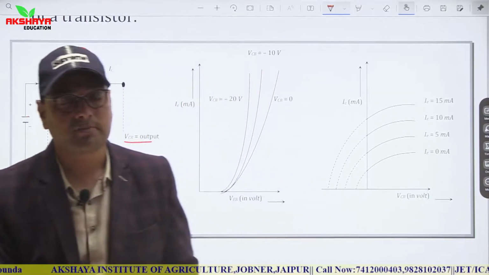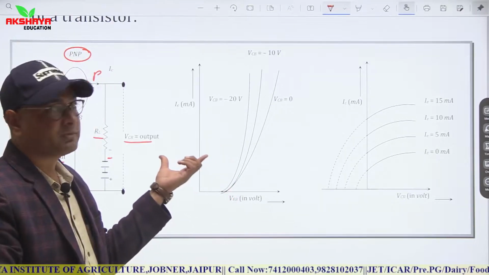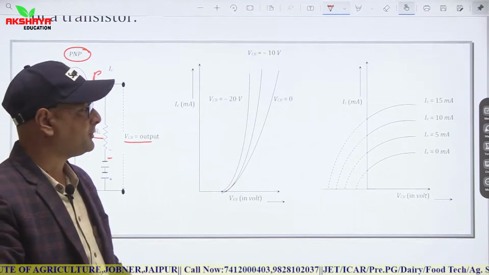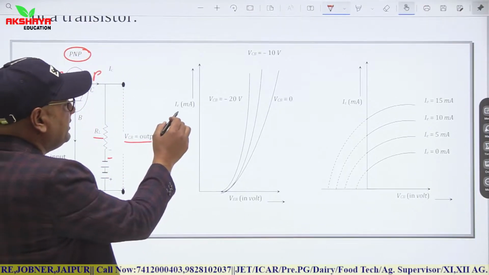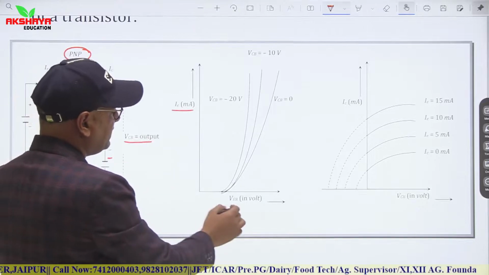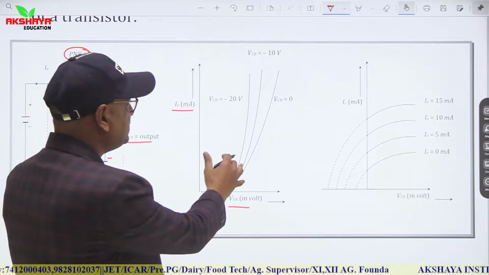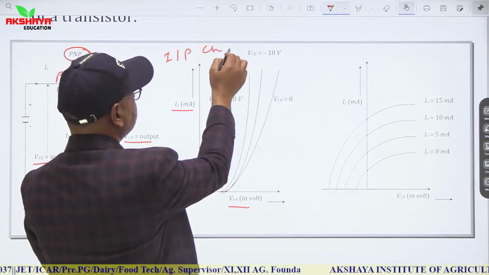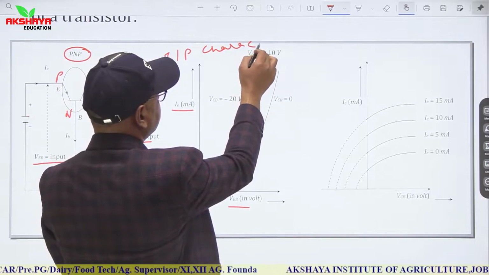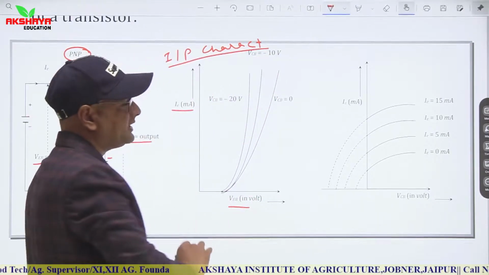Now let us talk about their characteristics, how characteristics are plotted in input and output manner. So here we can see that we plot a graph between IE, input current, and input voltage. This graph represents input characteristic curve.